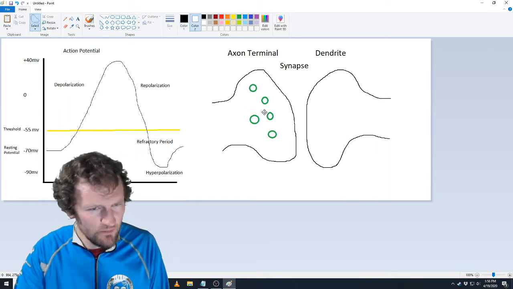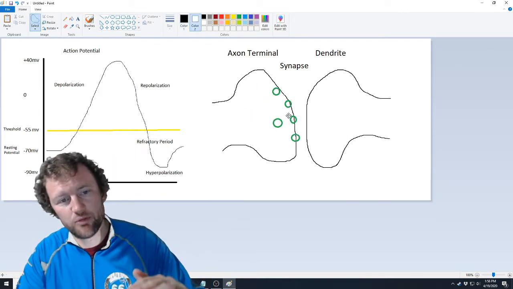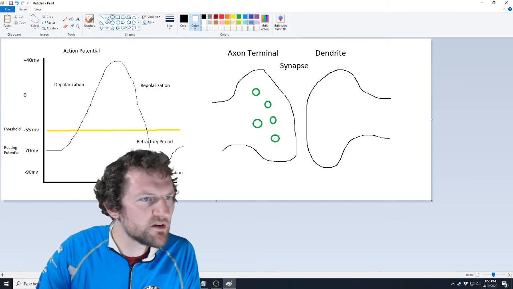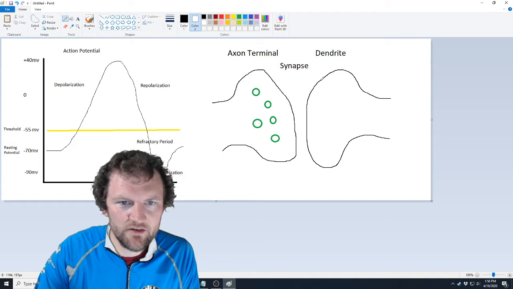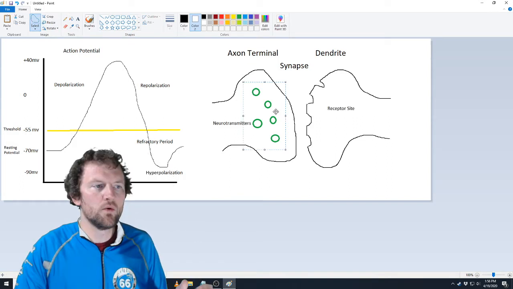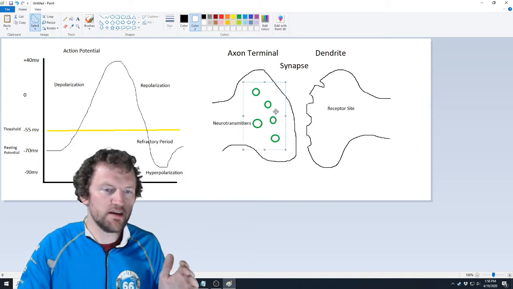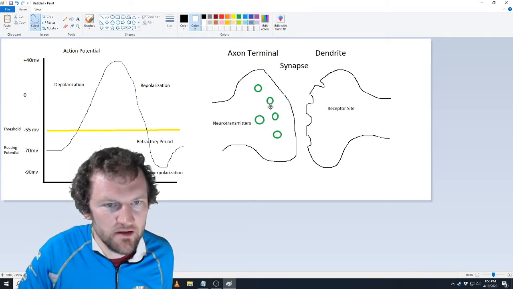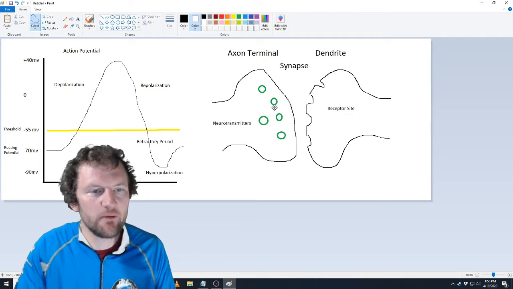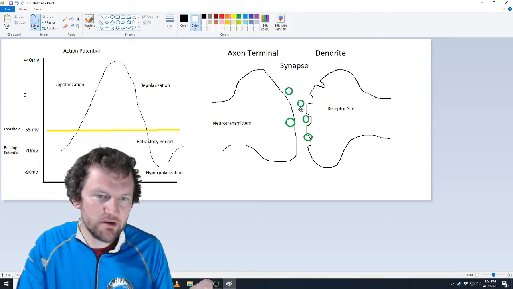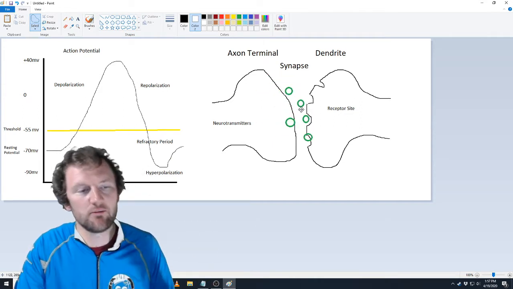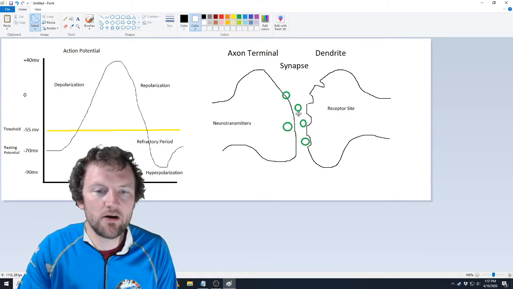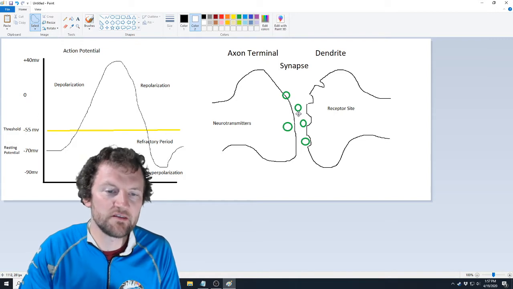So, action potential comes across, boom, they go into the synapse. Then they bind to what's called a receptor site on the dendrite. So here's little receptor sites. They go into receptor sites if there are, this is important, if there are receptor sites that fit.